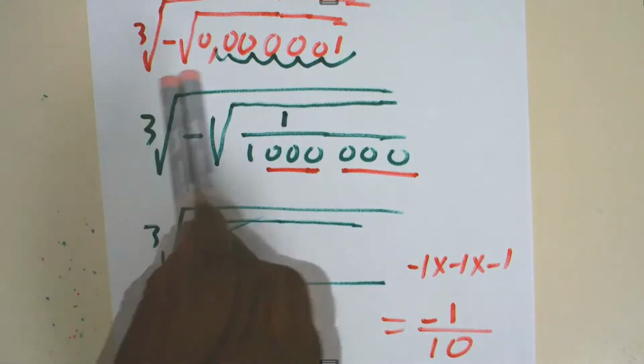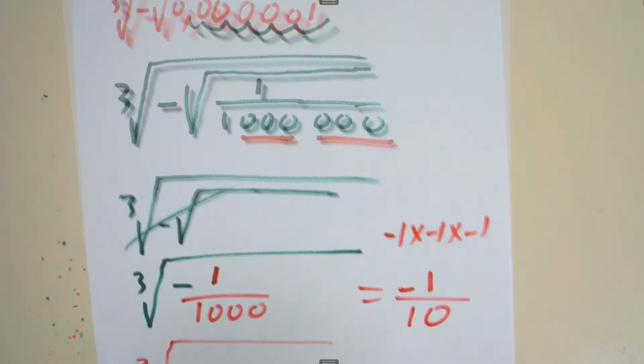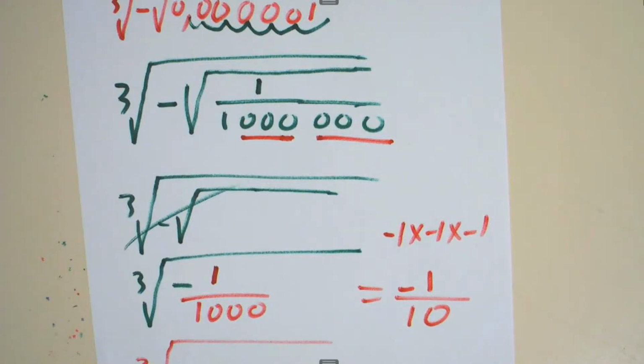So from here to here, from this one to this one, from that one to that one, okay. Let's see whether we understand the square.